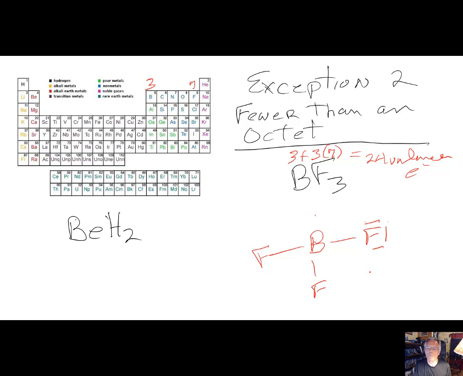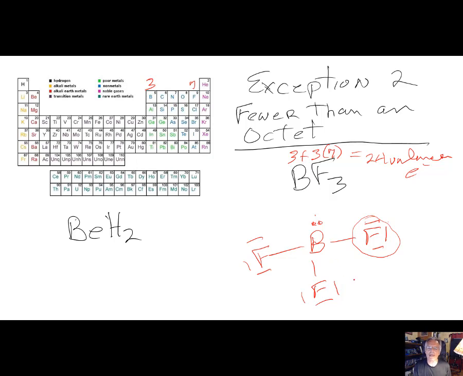And I'm going to give everybody what they want. What do they want? They want 8 electrons. So 2, 4, 6, 8, 2, 4, 6, 8. And 2, 4, 6, 8. Boron wants 8, but it's actually okay with 6. So I'll go ahead and throw these up there. Now just keep remembering that there are 8 electrons around each of the fluorine. 2, 4, 6, 8.